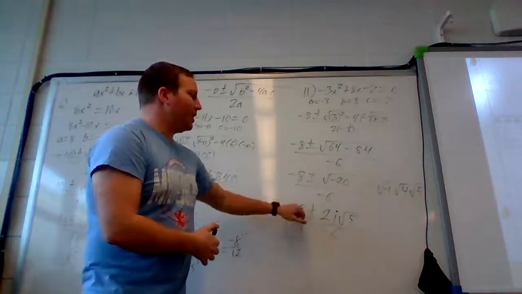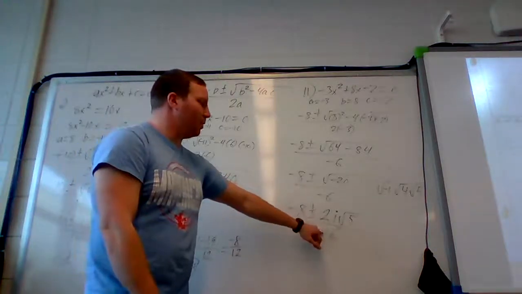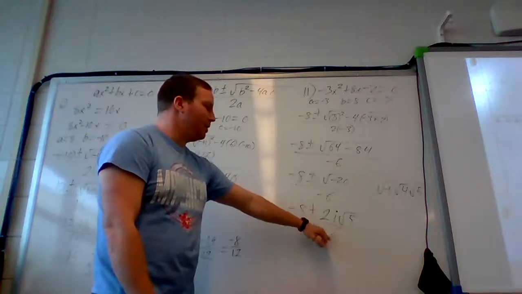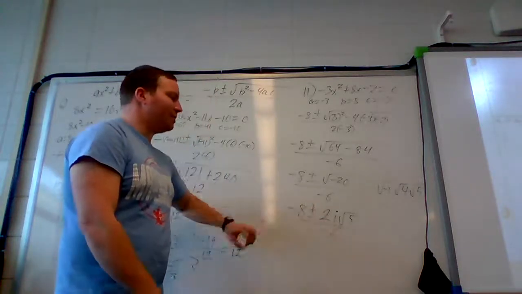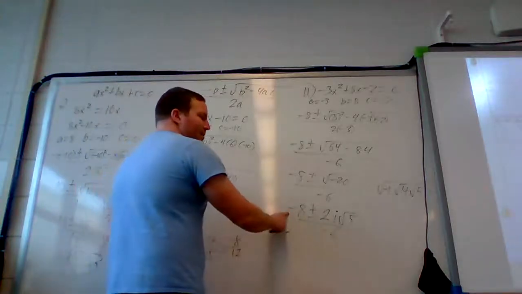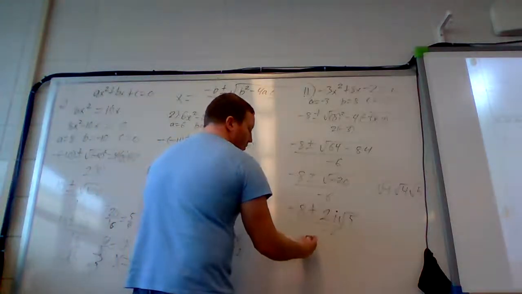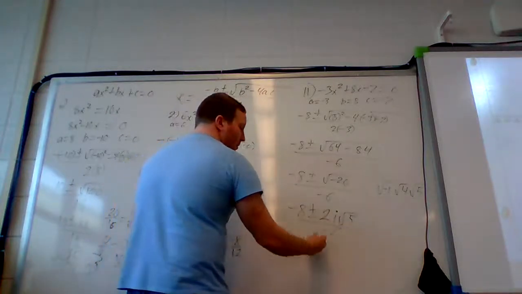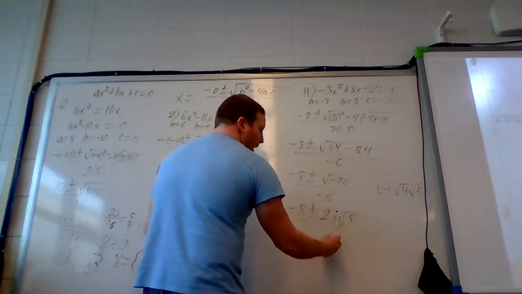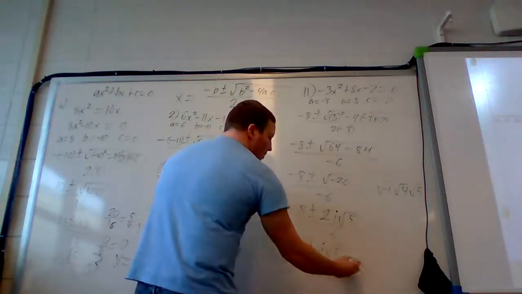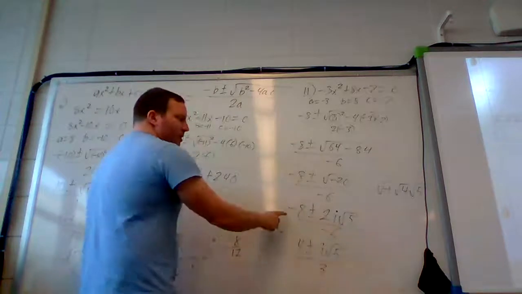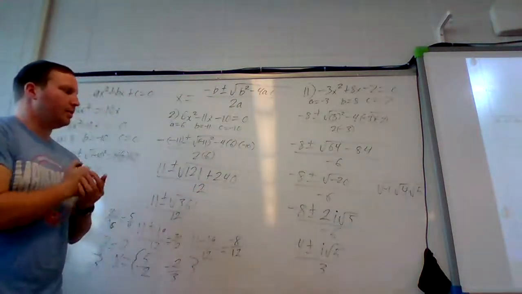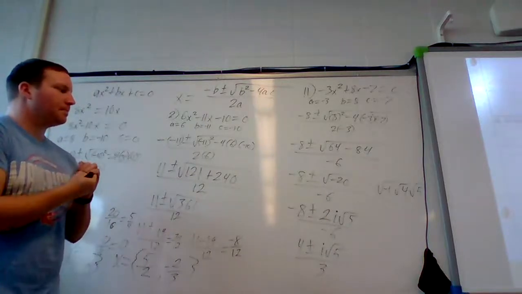Now I'm still not quite done. I can simplify this one more time because I have an even number, so I can divide each of these by 2. That's going to get me negative 4, and actually I could get rid of the negative, that'd be a 3, plus or minus i square root of 5 over 3.